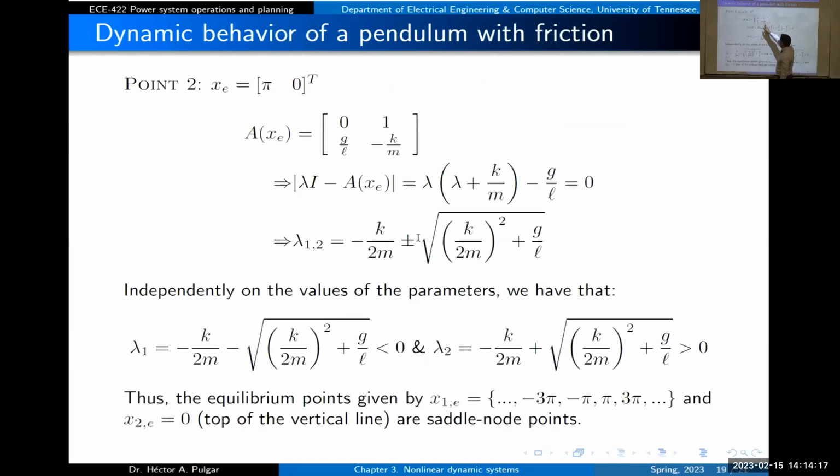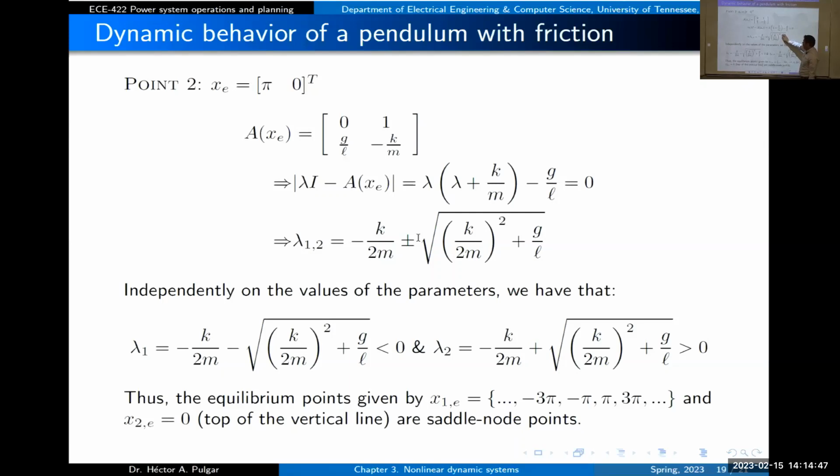Again, we have the matrix evaluated at this equilibrium point where x1 is pi. This is what we get. We solve the characteristic equation and we get the eigenvalues. As you can see here, both terms are going to be positive, right? So in the extreme, if we don't have this term, how much do you have here?